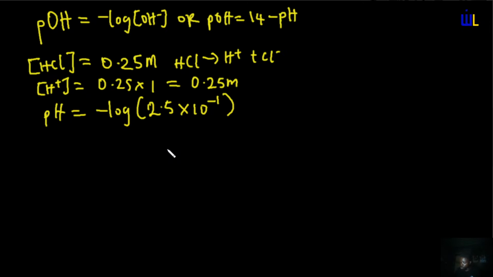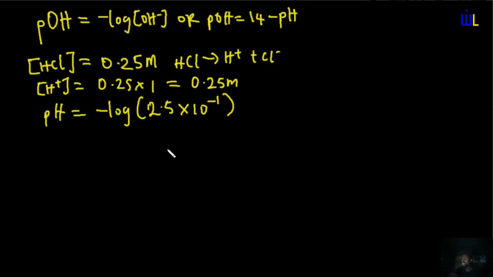Now before you use the non-calculator method of solving it, there are some important things we need to know. If we can go and learn log 1 to 10, simply for the sake of this exam, log 1, log 1.5, find a way to cram it.